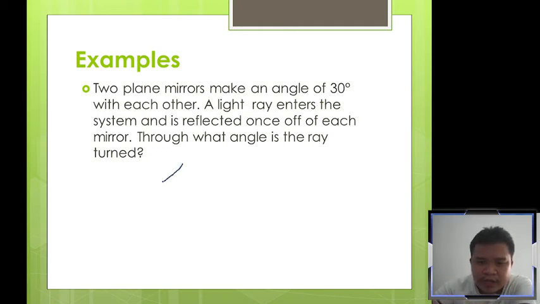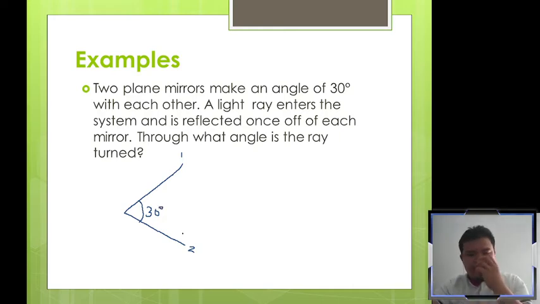Let's say I have here plane mirror number 1, and this is plane mirror number 2. Allow me to label this as number 1 and this as number 2, to signify that these are our two mirrors. Now, according to this problem, the two mirrors are positioned 30 degrees from each other. So here, let's just say 30 degrees.